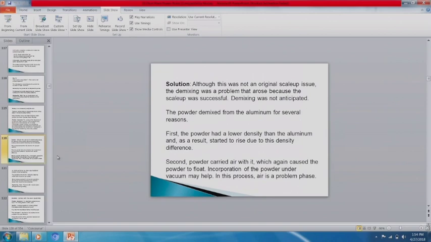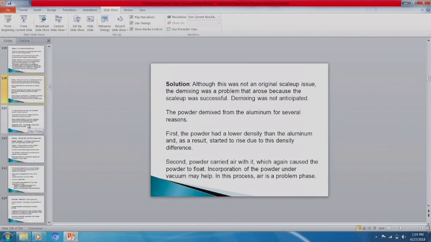So you had some powder sink and some powder float. Now, if you incorporated the powder under gravity, that may have helped. So we have the powder, and air as a problem phase.